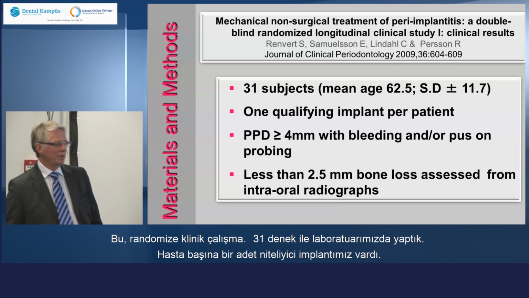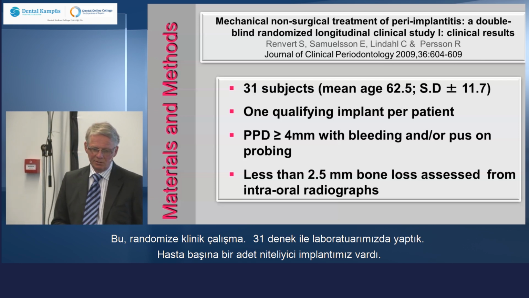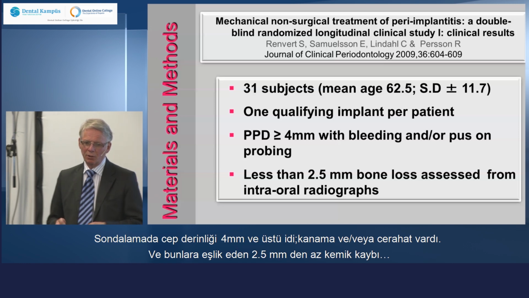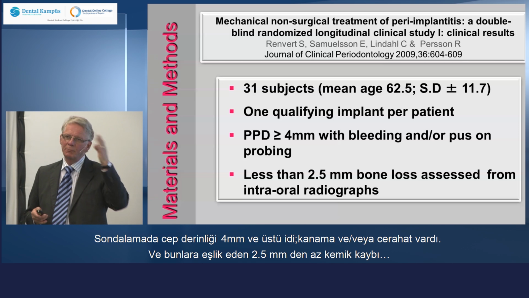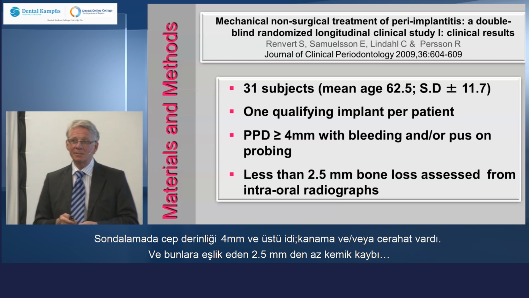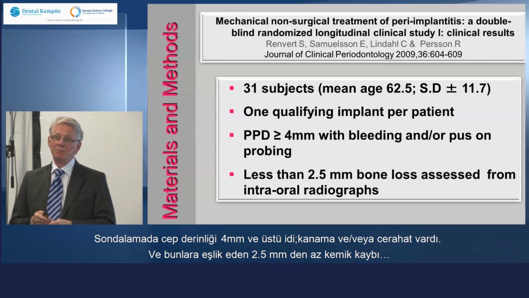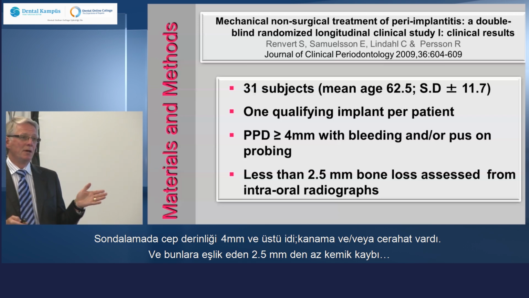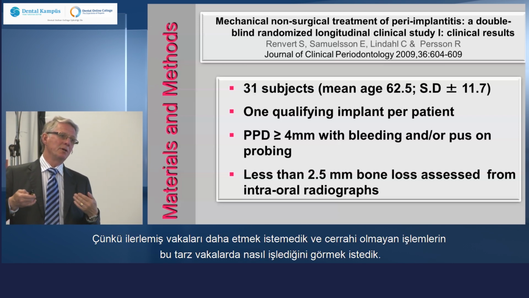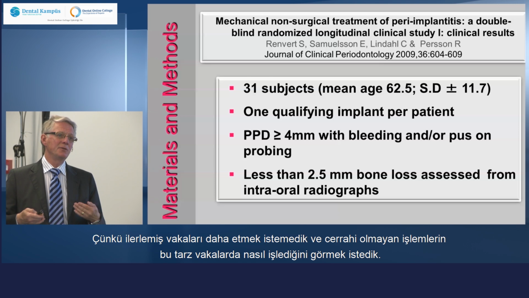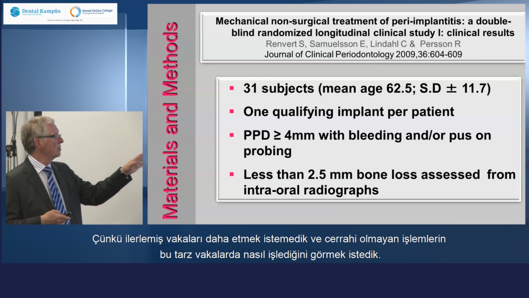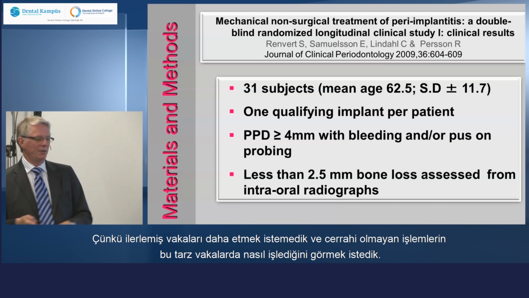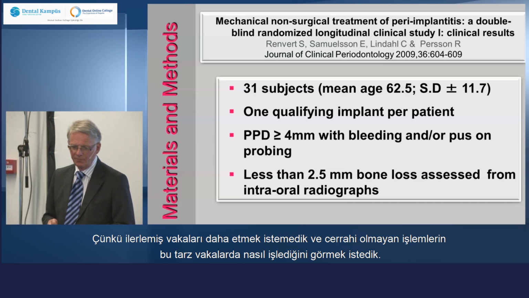We had one qualifying implant per patient. And you see it has a probing depth of more or equal to 4 with bleeding on probing and pus, and less than 2.5 millimeter of bone loss, because we didn't want to involve too advanced cases and see how non-surgical therapy works in these types of cases.